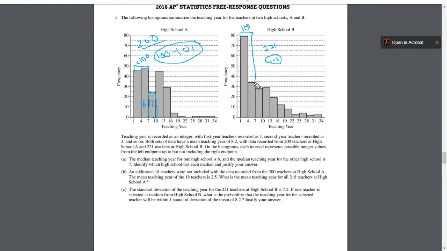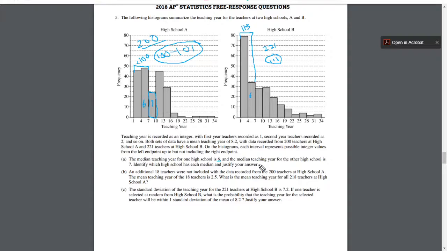We got 89 and 34, which is 113. So the median is going to be in here. It doesn't have to be 6. It could honestly be 4, but it is 6 because it tells us it's 6. So that's the way I would recommend doing it. You could certainly mark up those pictures. That would be reasonable justification.